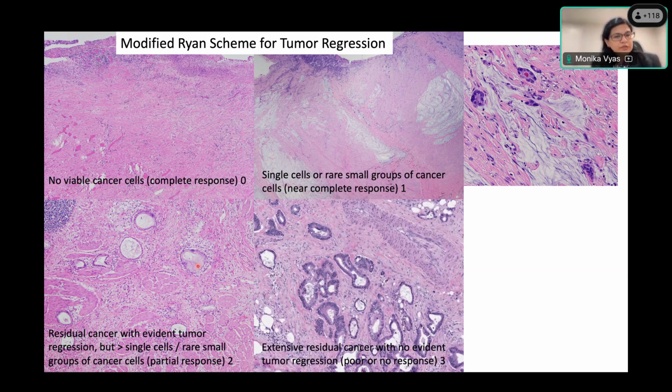So then that is considered as partial response. And then you can have extensive tumor. You will see some type of background fibrosis in these cases as well, but it's hard to identify whether it's the desmoplasia, which has been elicited by the tumor, or it's some type of treatment-related response. But you have extensive tumor present, which will put it in poor or no response category.